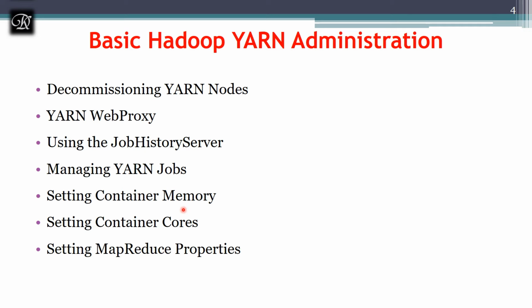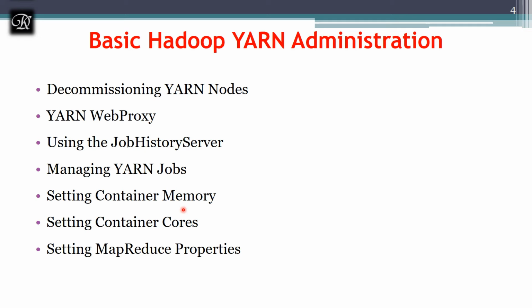These three things you have to edit in the yarn-site.xml file. These values you have to set over there, and the defaults are: for minimum it is 1024 MB and for the maximum it is 8192 MB. It means 8 GB.